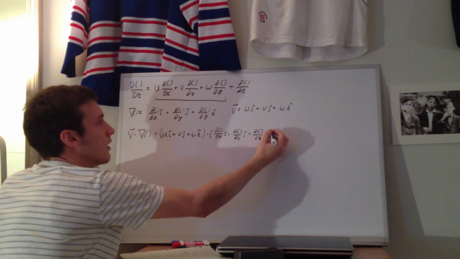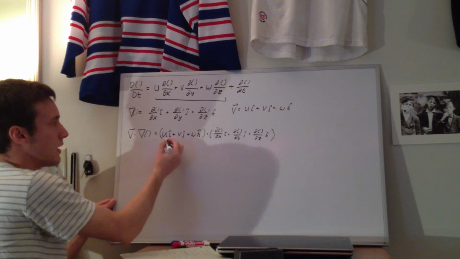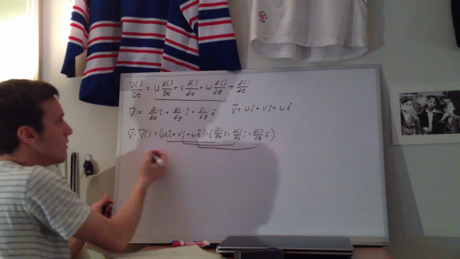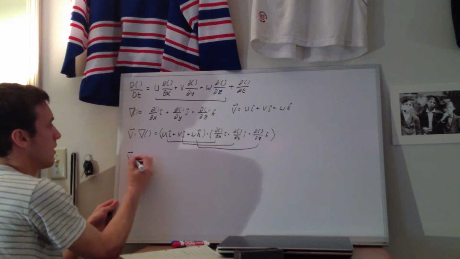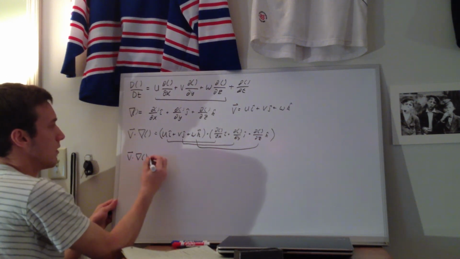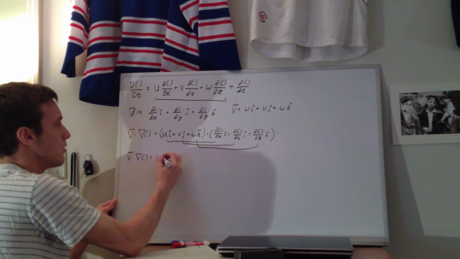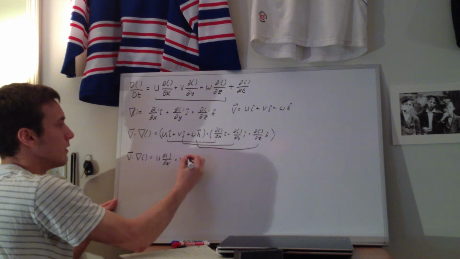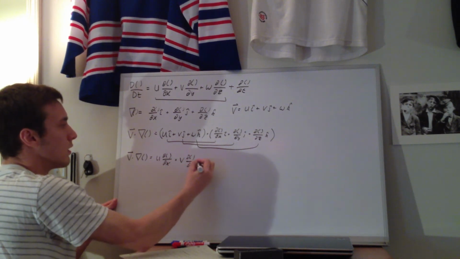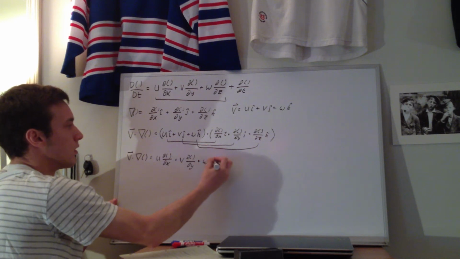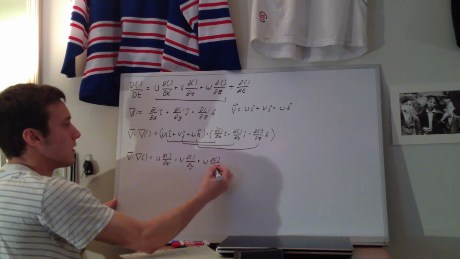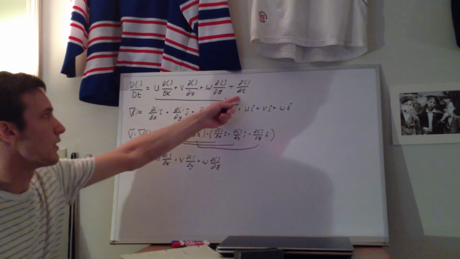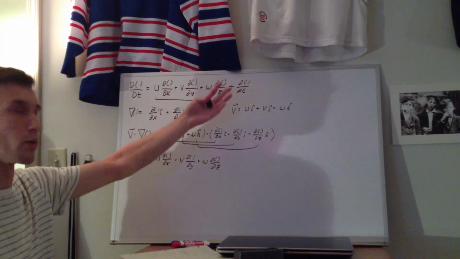And then when you take the dot product, these two, these two, these two, you end up having V dot del equal to u d dx plus v d dy plus w d dz, which is this term here. And then we have this partial derivative of the flow field parameter with respect to time.